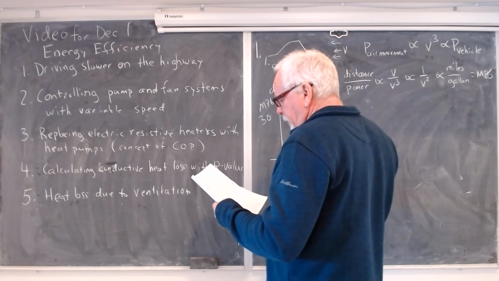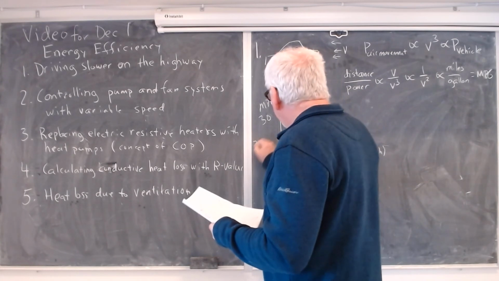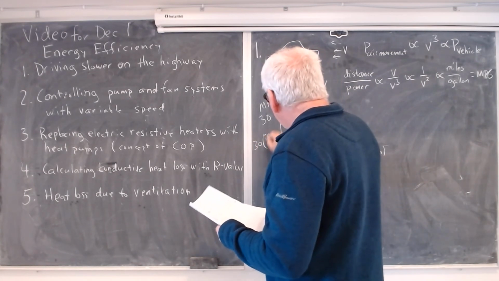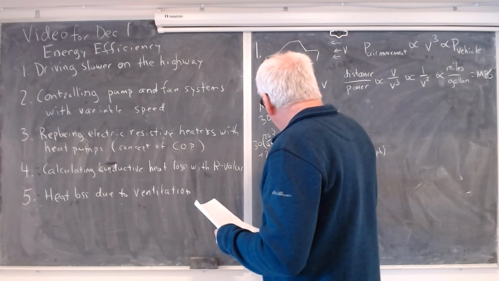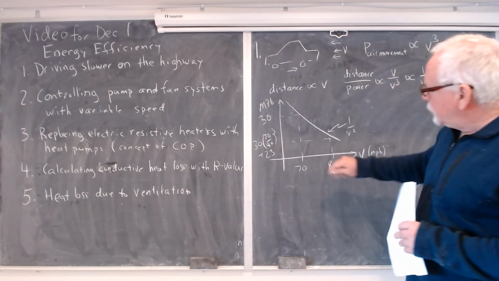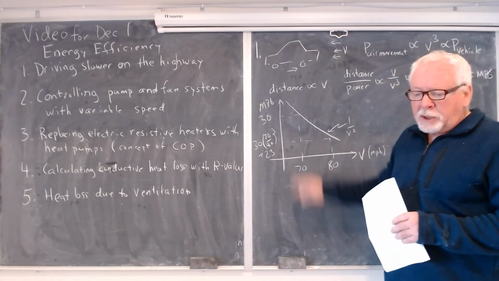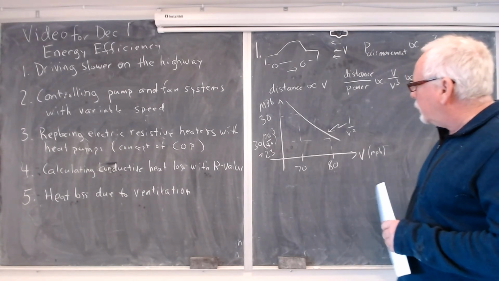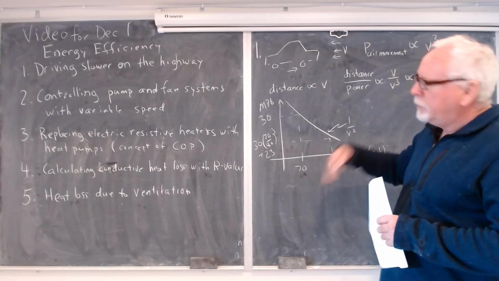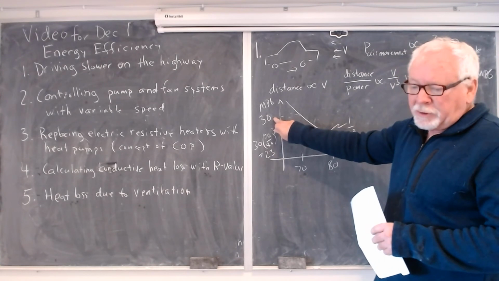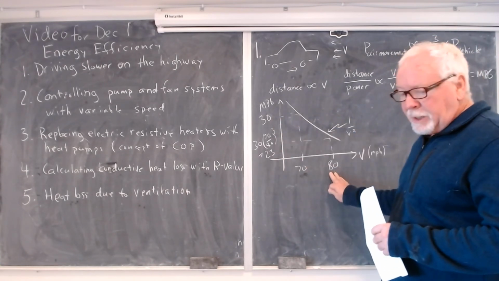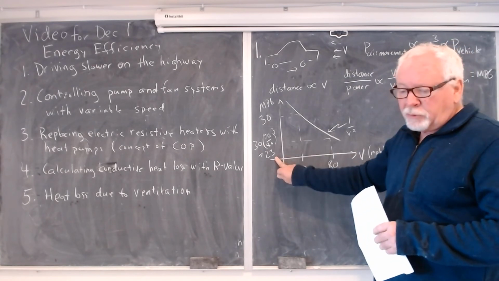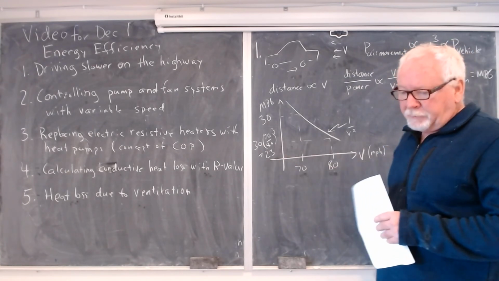It's basically 30 times 70 over 80 to the third, and that works out to 23. So if you're driving somewhere on the highway and you go 70 miles per hour and your vehicle gets 30 miles per gallon at that speed, if you increase your speed to 80, you will get only 23 miles per gallon, roughly.